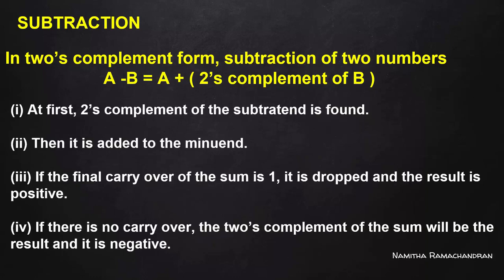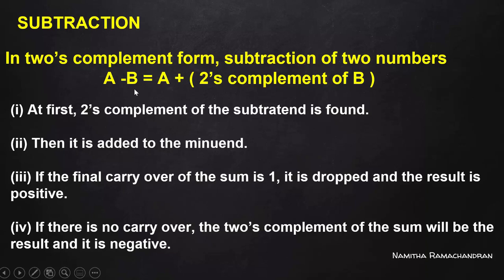Here we have one procedure for performing this subtraction. First find the 2's complement of the subtrahend, then add it to the minuend. Here B is the subtrahend and A is the minuend.